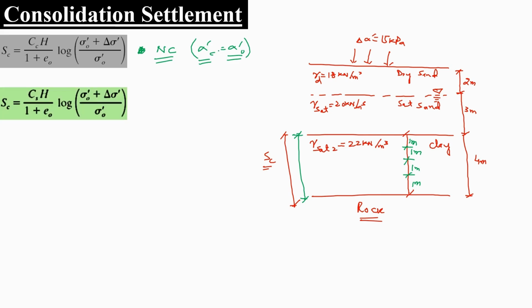So next condition is for over consolidated, and this is known as over consolidated case number one. This case is called the case NC. This case is OC1. For this we have the formula of CS.